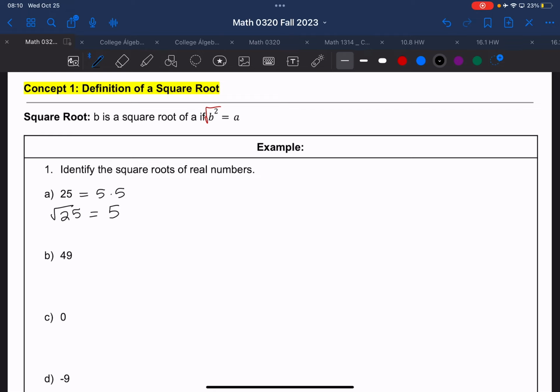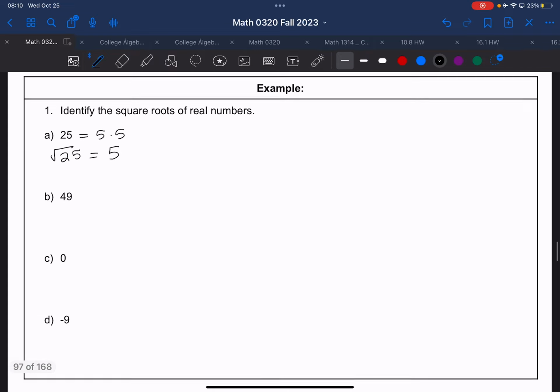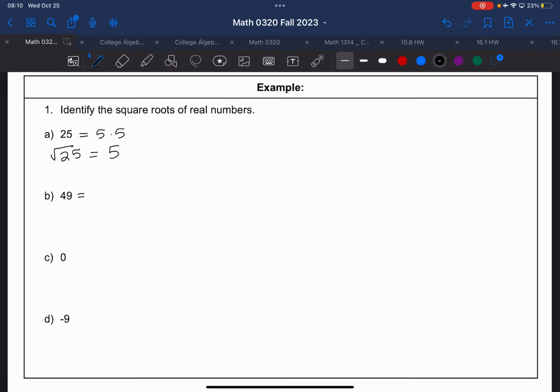That's all we're doing in this problem. 49 is the same as what two numbers multiplied together? 7 times 7. So that means the square root of 49 is 7. So notice how it's two multiples of the same number, 7 times 7.